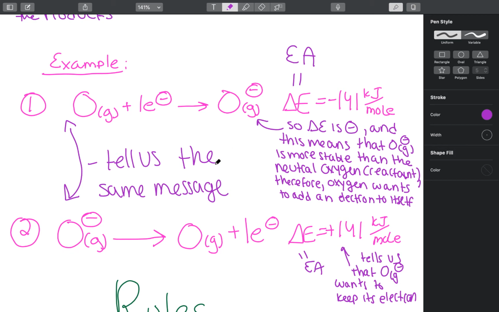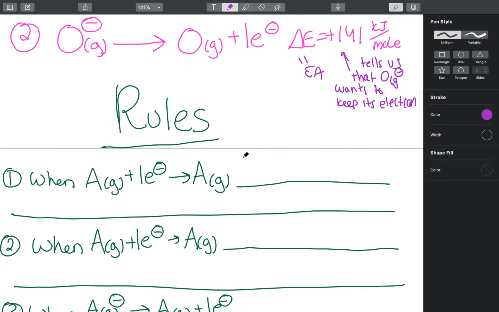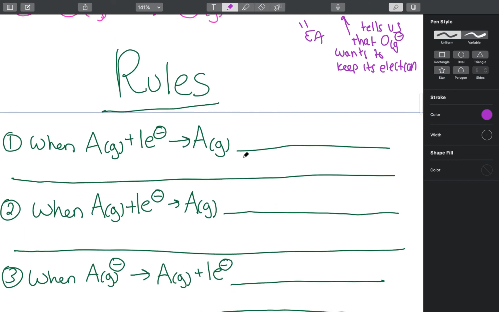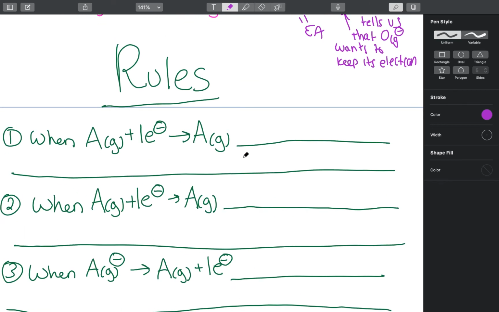It's telling us that oxygen wants an electron and wants to keep that electron. So these two processes are just two different ways to tell us the same thing. Therefore, there are 4 general rules that you should know about electron affinity.